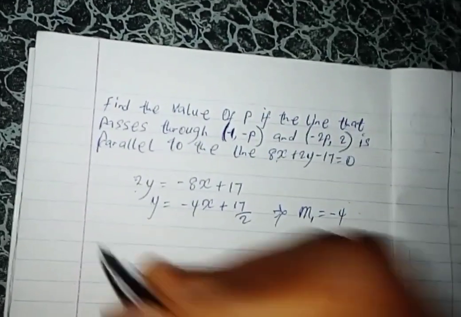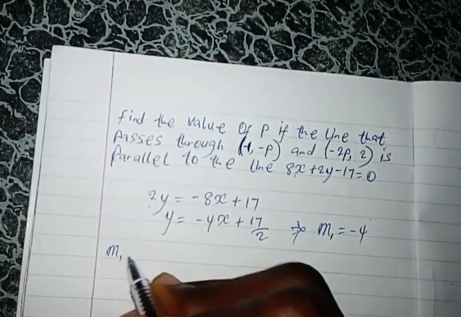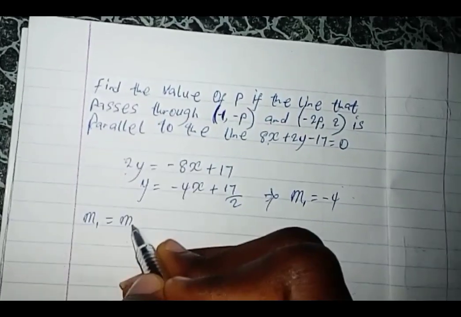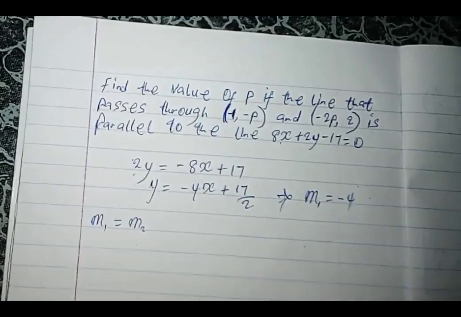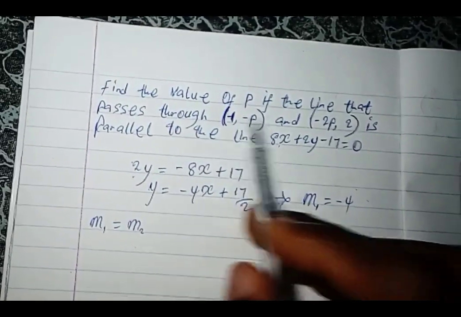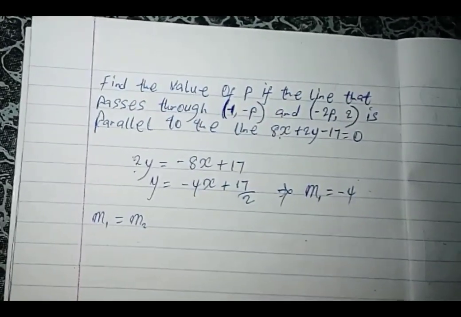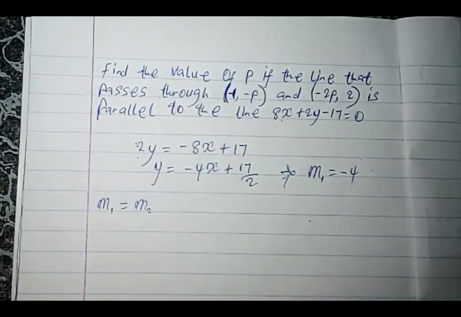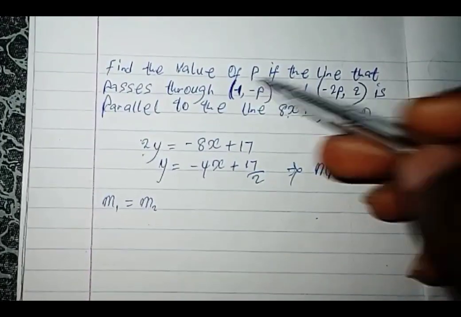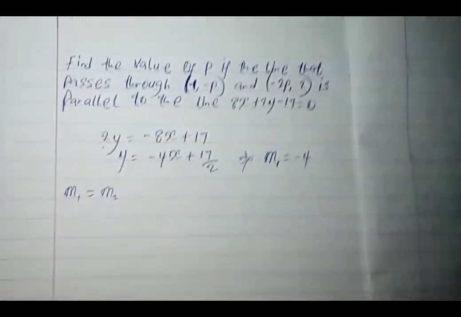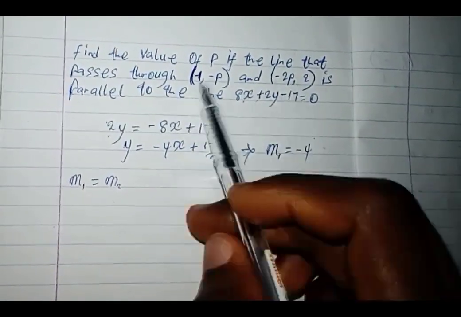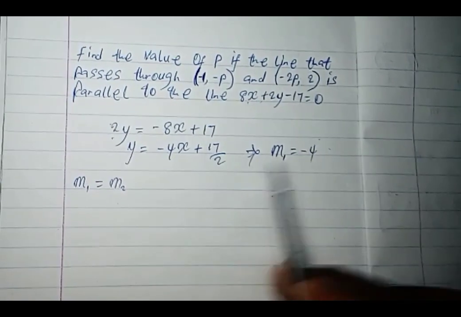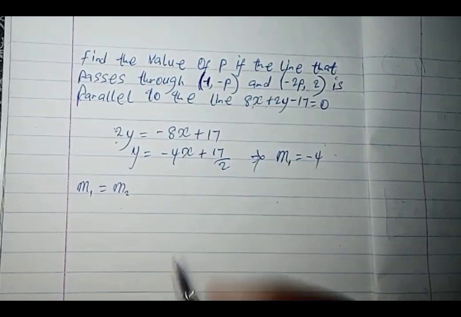So if our gradient 1 is equal to minus 4, then our gradient 2 must be equal to minus 4 as well. So put in mind that the gradient of this line is minus 4 because the line here is parallel to the line here. So now, having that in mind, we solve for the gradient of this line so as to be able to find the value of P.